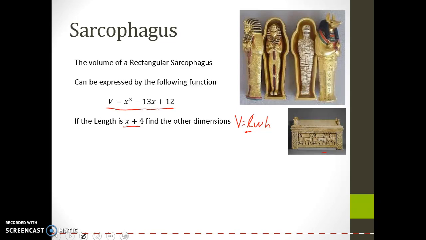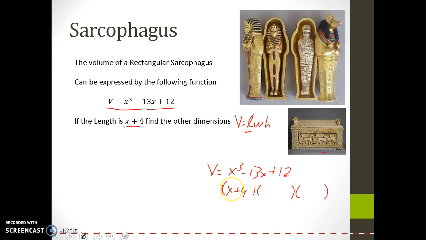What I want to do is write the volume, x to the third minus 13x plus 12, as the length times the width times the height. And so I already know that the length is x plus 4.